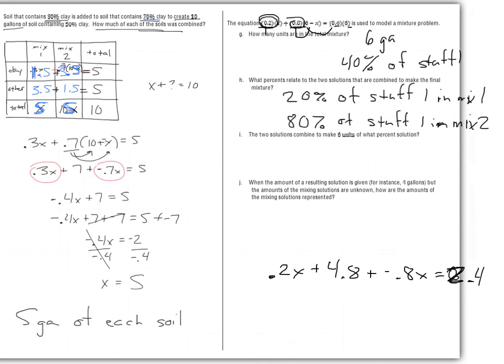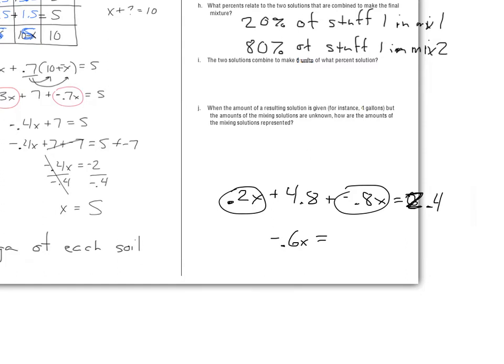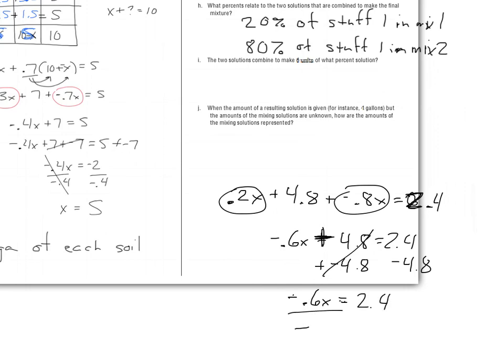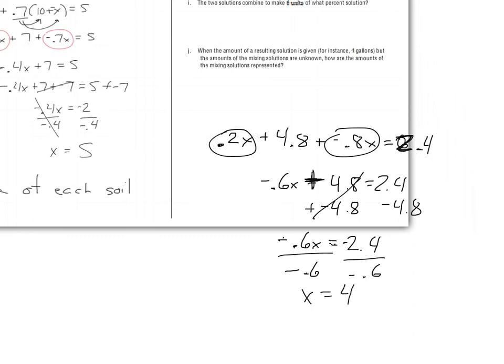So combining like terms, this is going to give me negative 0.6x plus 4.8 is equal to 2.4. Then negative 4.8 is going to give me negative 0.6x is equal to negative 2.4. Negative 0.6 divided by negative 0.6, it's going to give me x is equal to 4.